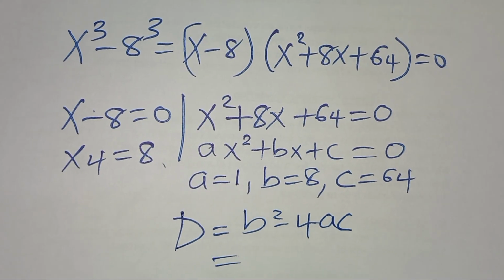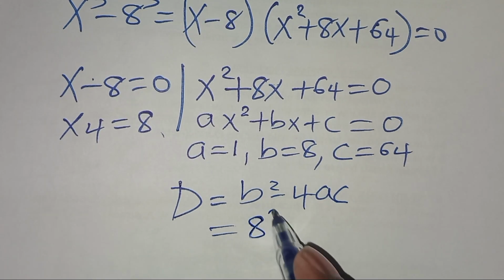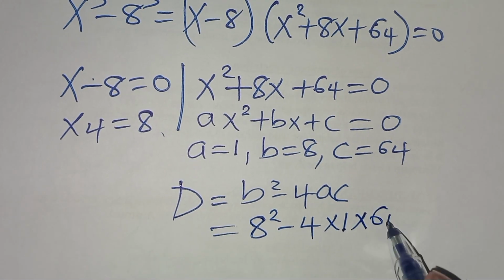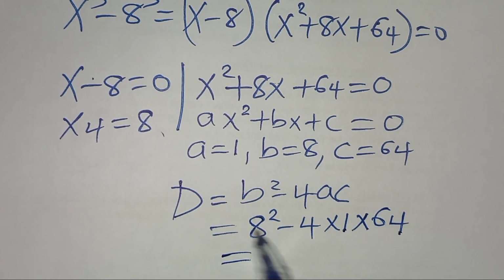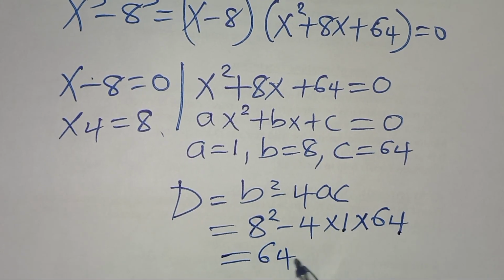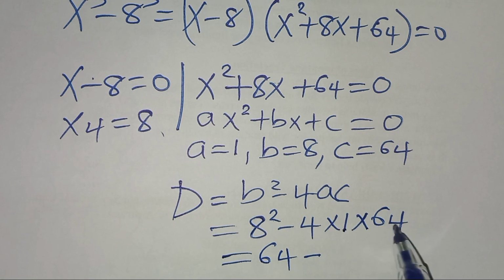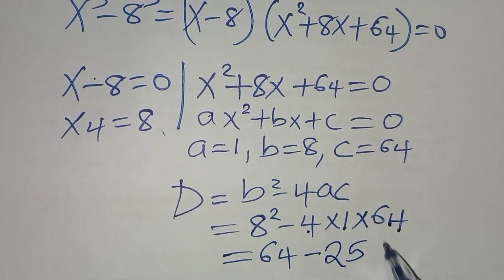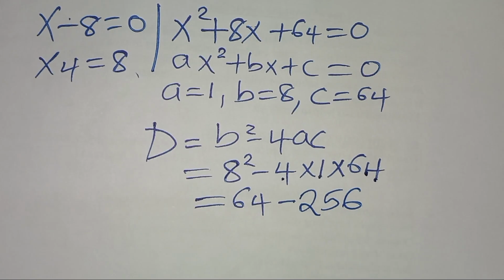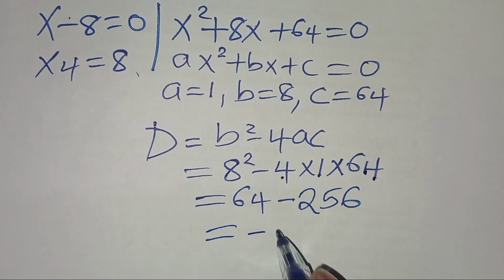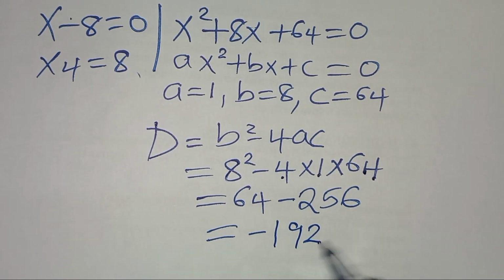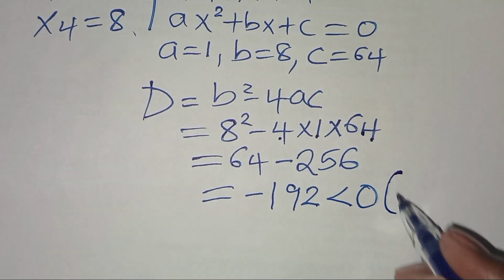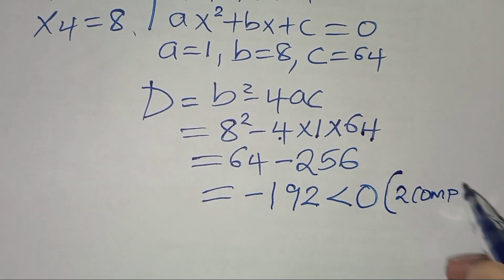Let's substitute the value of b here, which is 8 squared minus 4 times a, which is 1, times c, which is 64. 8 squared is 64. Subtract 4 times 64, and this is equal to 256. And the next phase here, 64 minus 256, this is minus 192, which is less than 0.